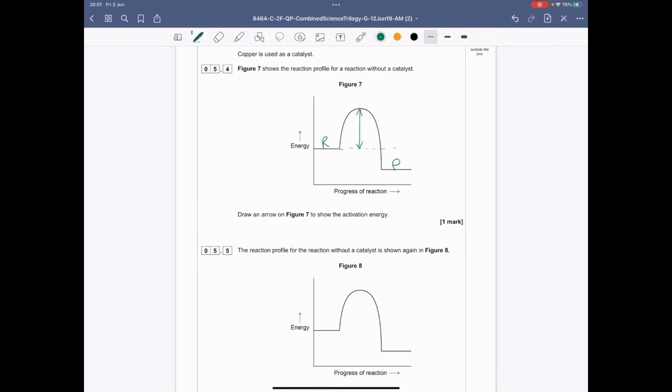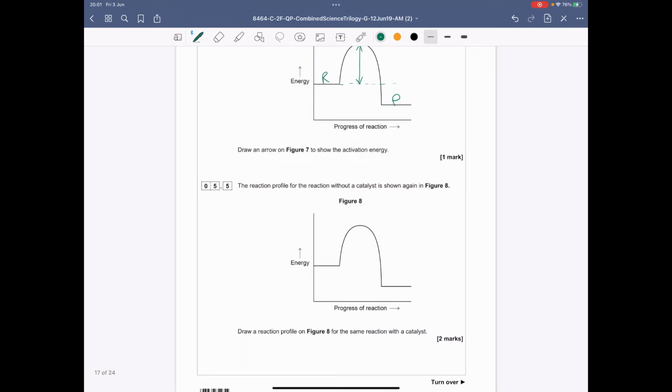Okay. Figure 5.5, the reaction profile for the reaction without a catalyst is again shown in figure 8. Draw the reaction profile on figure 8 for the same reaction, but this time with a catalyst. So when we draw it with a catalyst, remember, the catalyst just speeds up the rate of reaction. It doesn't get involved in the reaction itself.